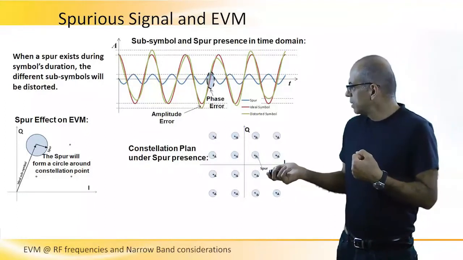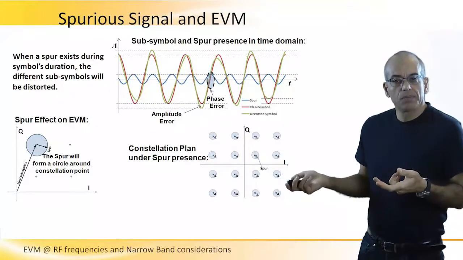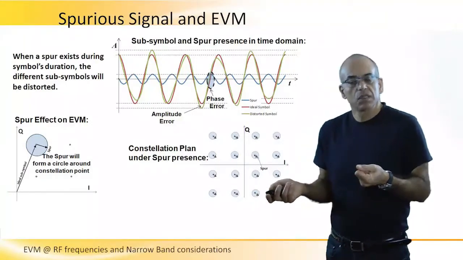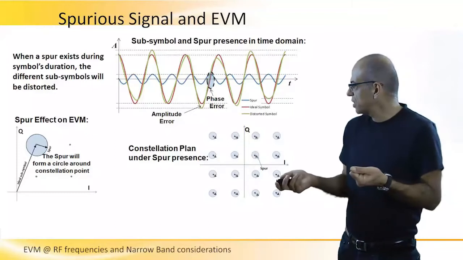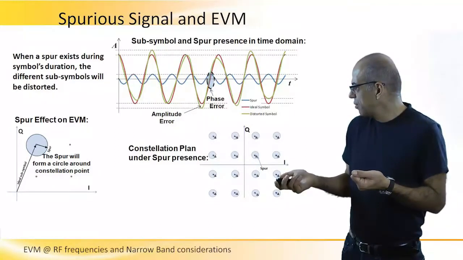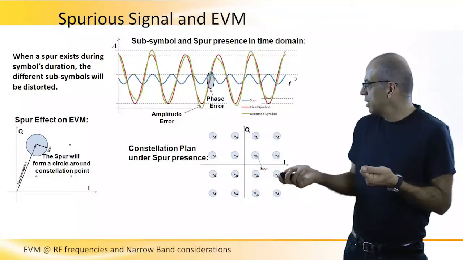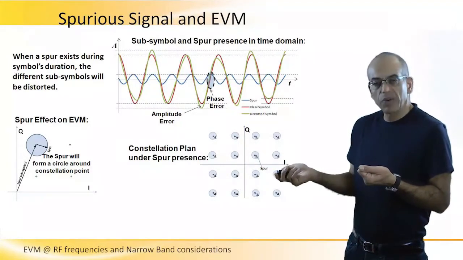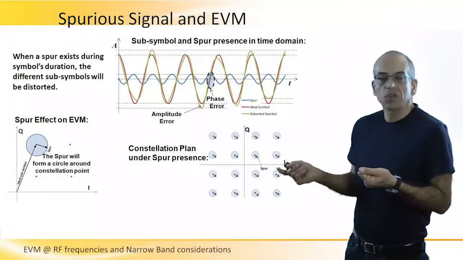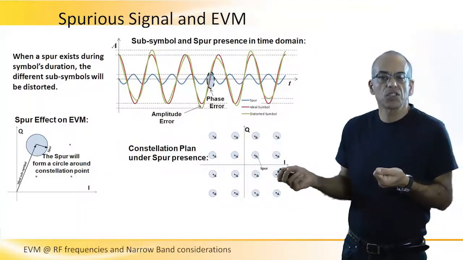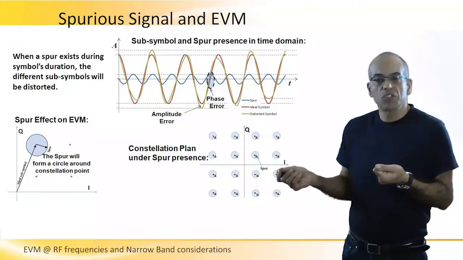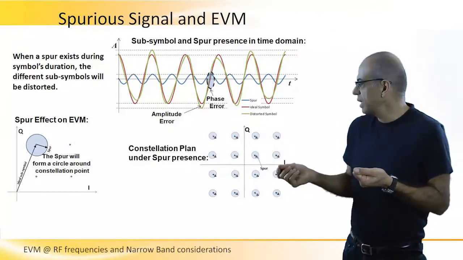A deeper review of these periodic fluctuations in phase and amplitude reveals that the spur creates a circle around the ideal constellation point, where this circle has the radius of the spur level.